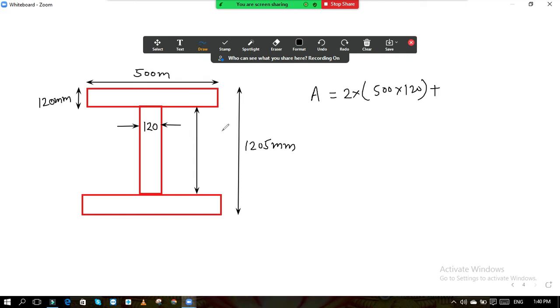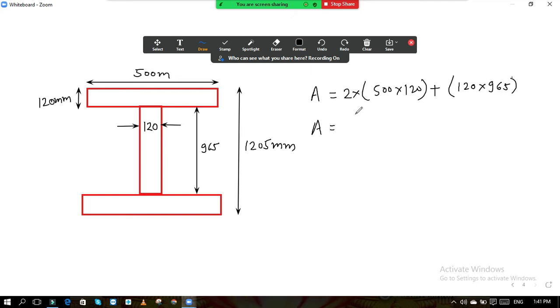How much will it be? The total is 1205, and from this total we need to minus this thickness and this thickness, 120 and 120, so 240. So it will become 965. So here the area is 120 into 965.